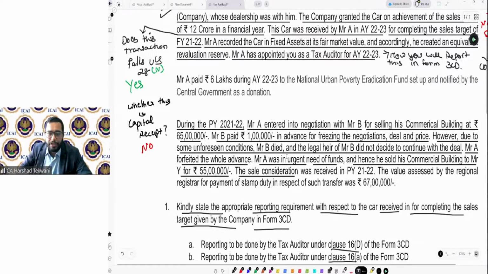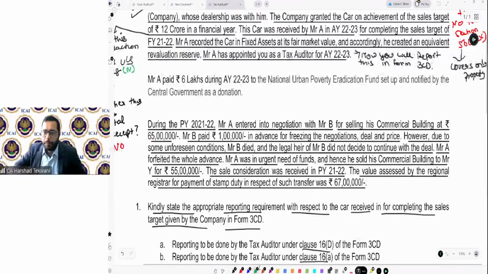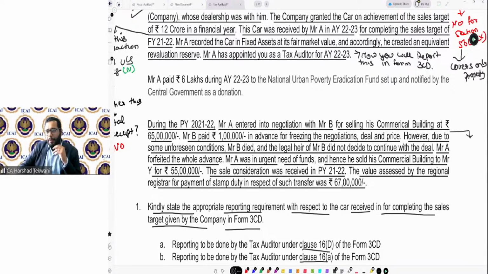The sale consideration was received in previous year 21-22. The value assessed by the regional registrar for the payment of stamp duty in respect of such transfer was 67 lakh. You need to tell me where I will report this transaction. If I need to report, where will I report?